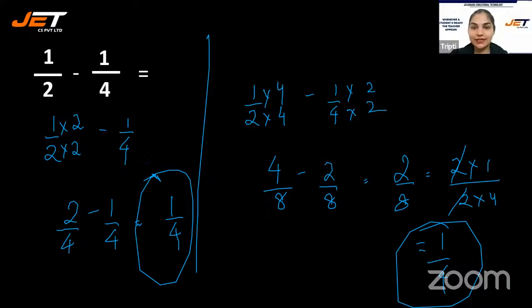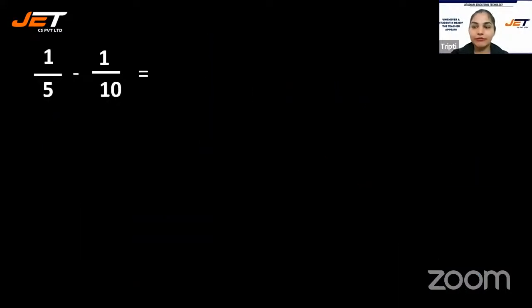Children, I hope you are getting this. The way we are doing it, we are just making the fractions same and then subtracting them. Okay, 1 by 5 minus 1 by 10.